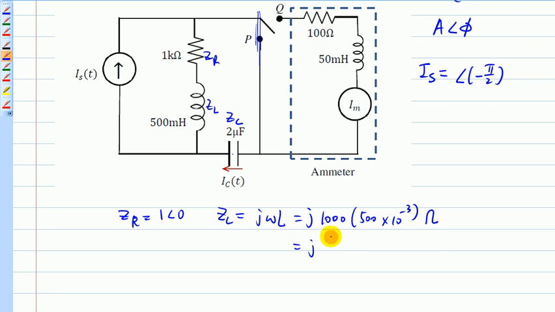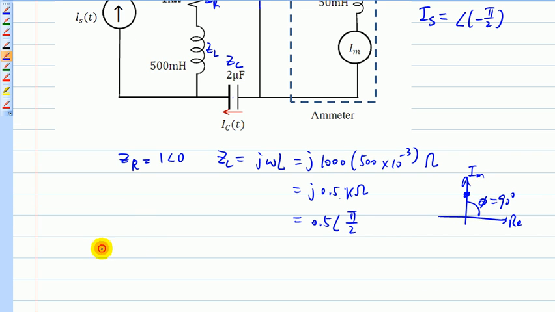So that gives you 0.5 j, 0.5 kilo ohm. In terms of phasor, this is a complex number. You are right here, so your angle phi equals 90 degrees. That's basically 0.5 angle pi over 2 in the complex plane.